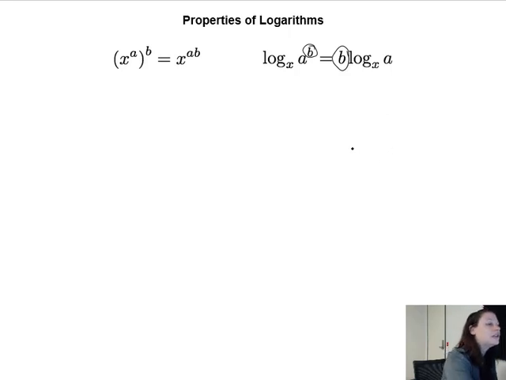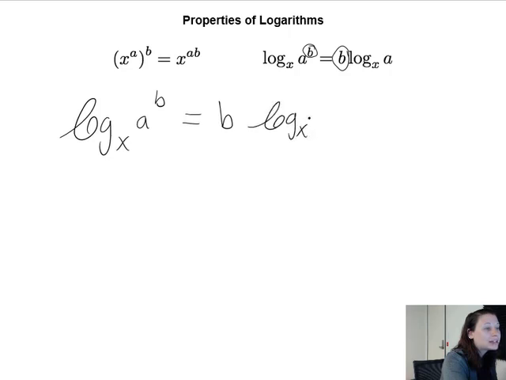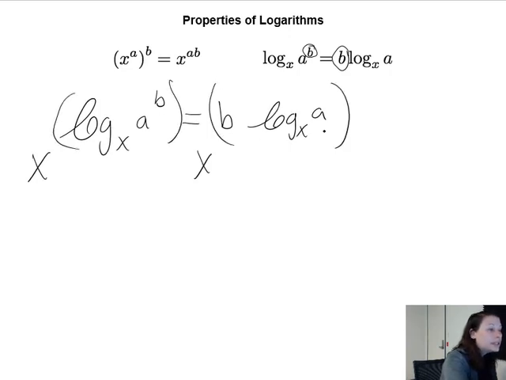All right, so again, let's start off with log base x of a to the b is equal to b log base x of a. So x to both sides again. Now, this one we have to finagle a little bit, all right?